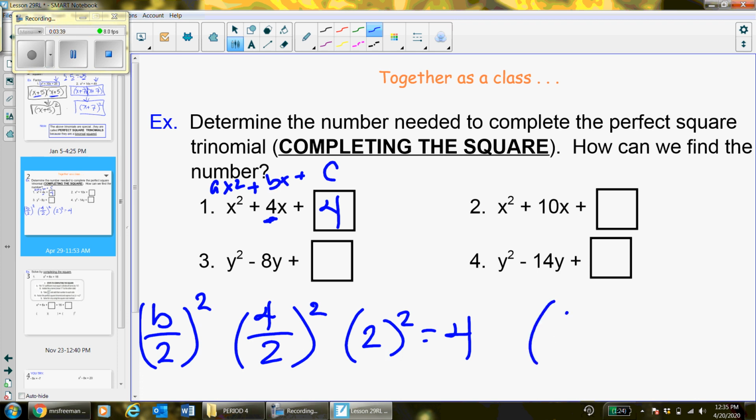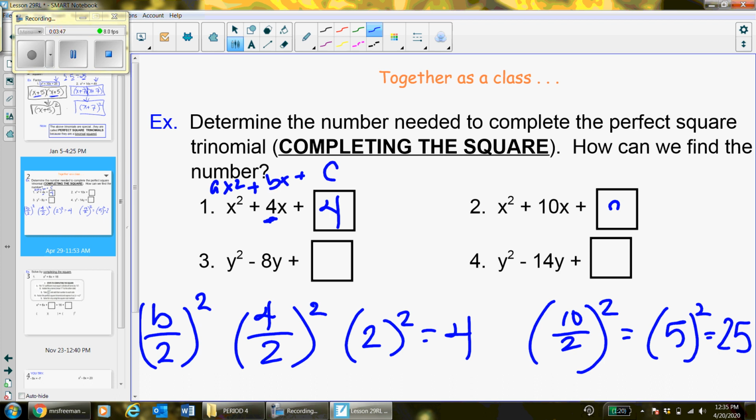So you're going to do 10 divided by 2 squared, which is 5 squared, which is 25. All right, I want you to tell me the missing c terms for questions 3 and 4. Those are your U tries.